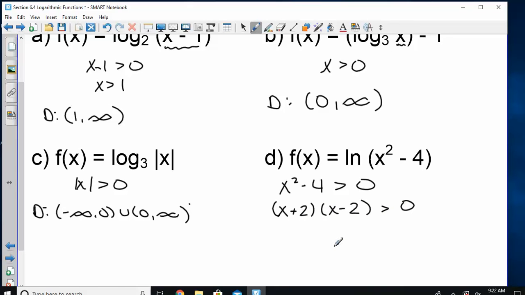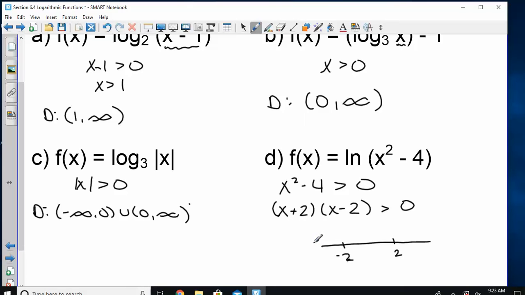Remember when we looked at the graphs and made our sign lines? I thought this was a fun place to review that. So we put what makes these two things 0. What makes x plus 2 zero? And x minus 2? Okay. So you could graph it real quick, or you can pick test points. Which way did you guys prefer?